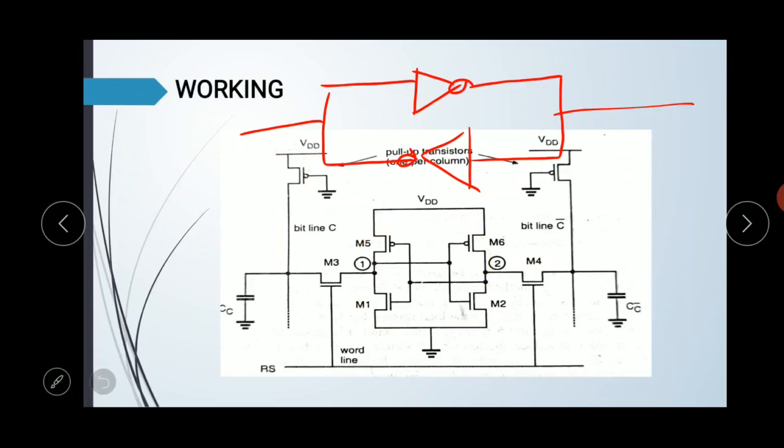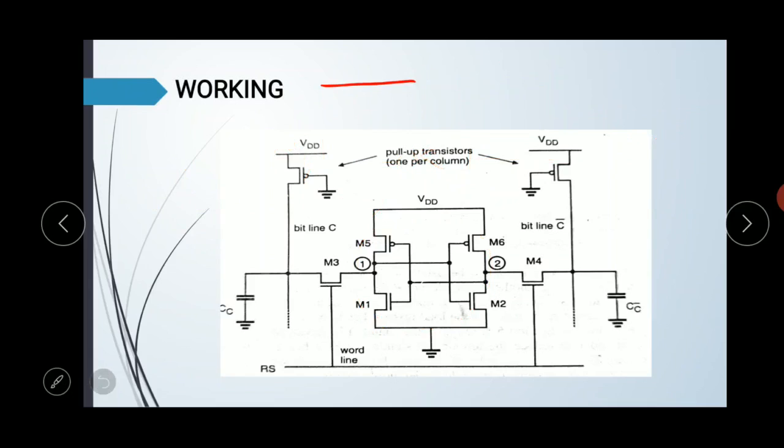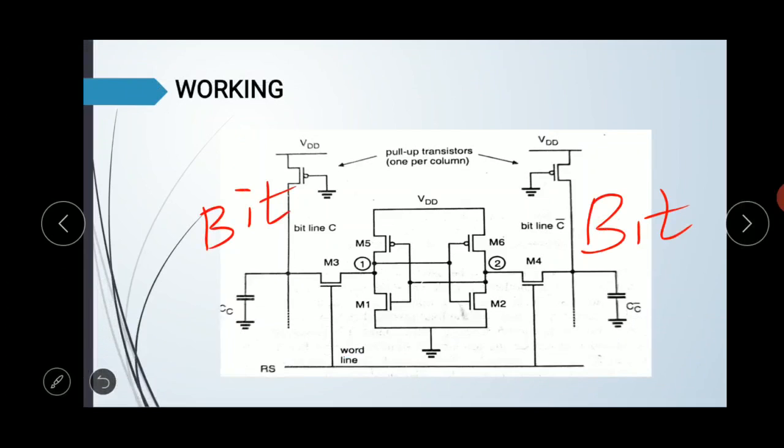Next, see here, this one is the diagram of SRAM, consists of 6 transistors. These are 2 columns. Names of the columns are bit line and bit line complement. So simply we can say this one is the bit line and this one is the bit bar line.